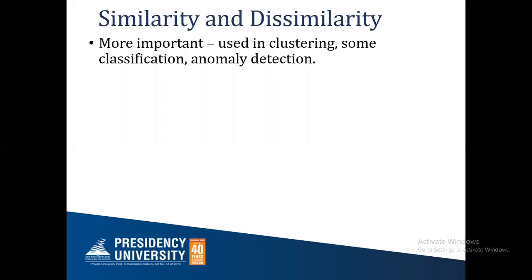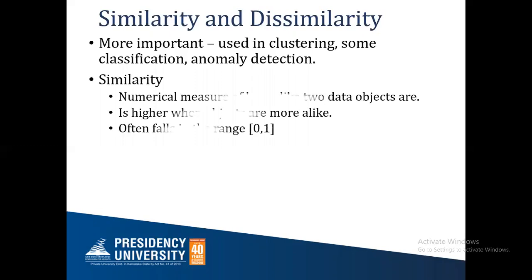Coming to the first one, we have similarity. Similarity is a numerical measure which checks how alike the two data objects are. If this numerical value is higher, then the objects are said to be more alike.